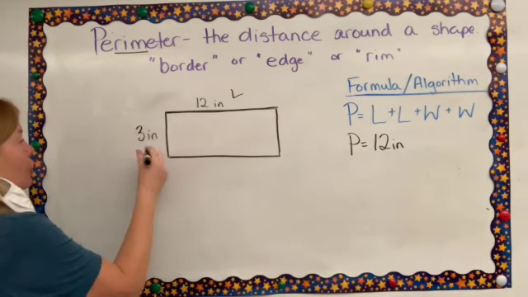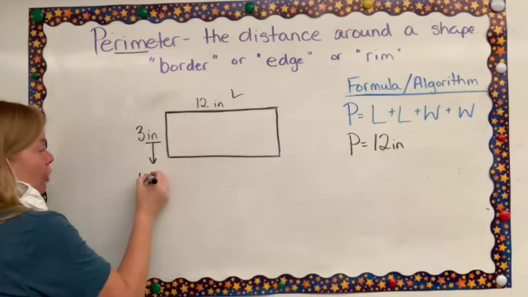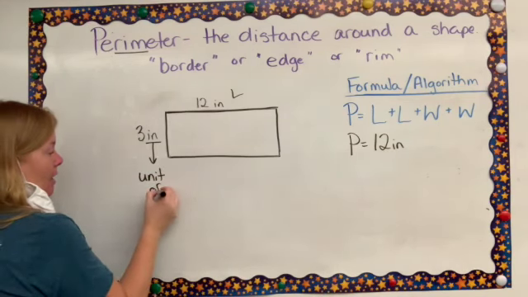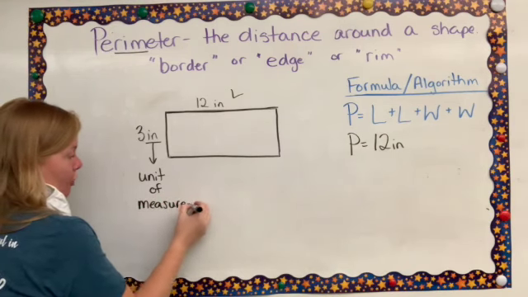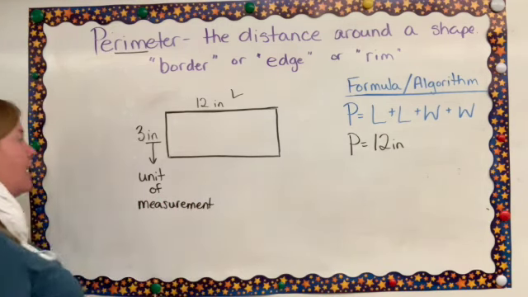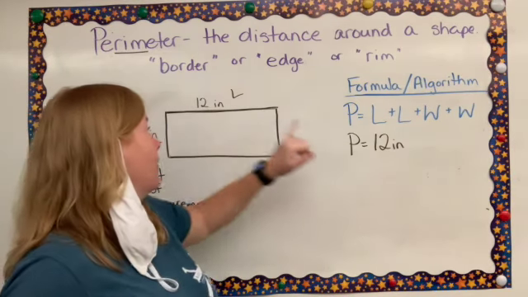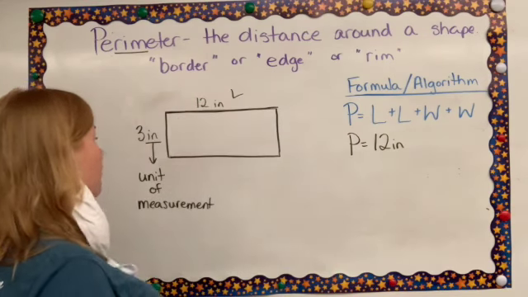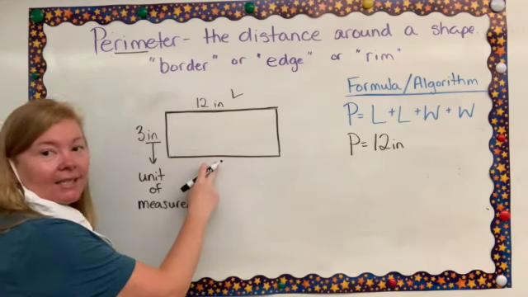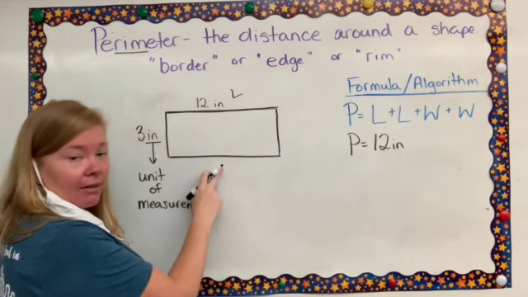You have to include your inches, which is your unit of measurement. So we've got 12 inches long. If this side is 12, what do you know about this side? Since this shape is a rectangle, if this side is 12, what does this side have to be?